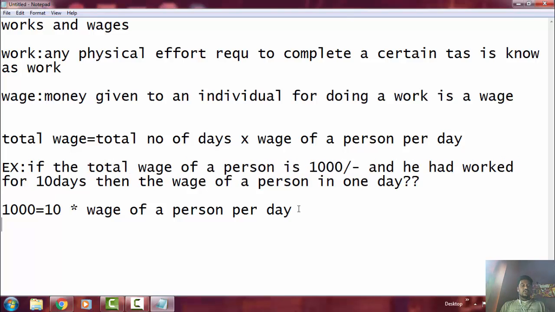Now you need to remember some basic concepts. First point: work is directly proportional to wage.